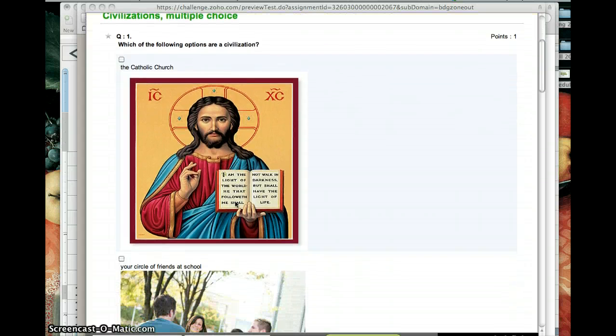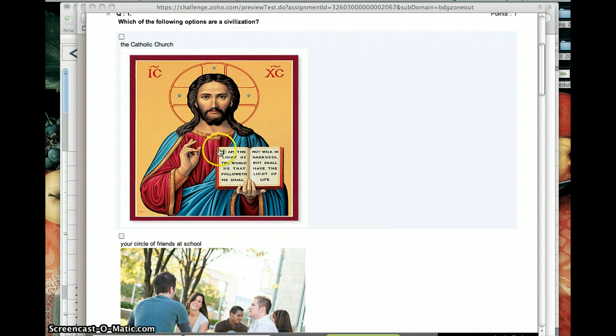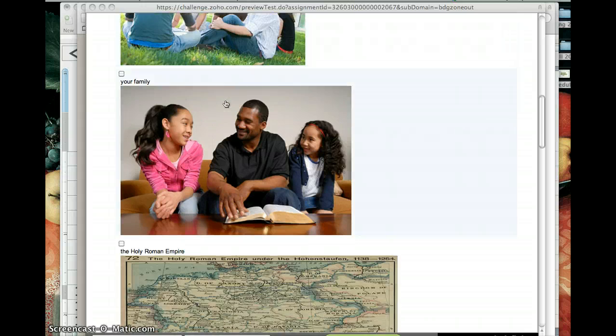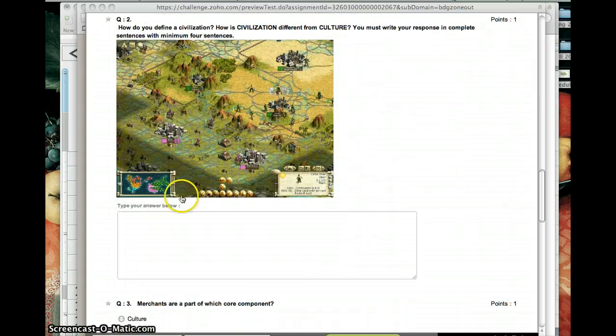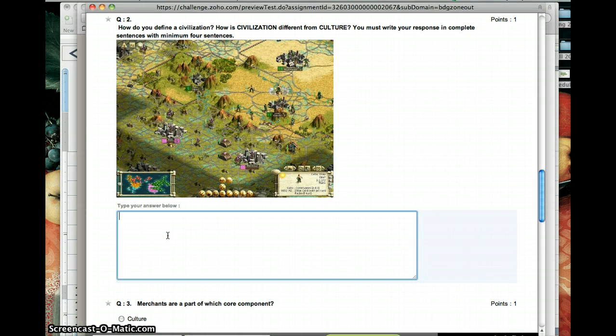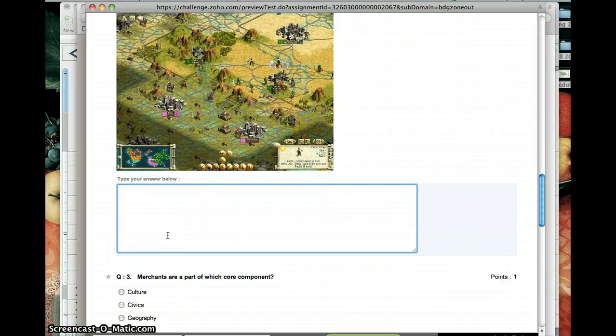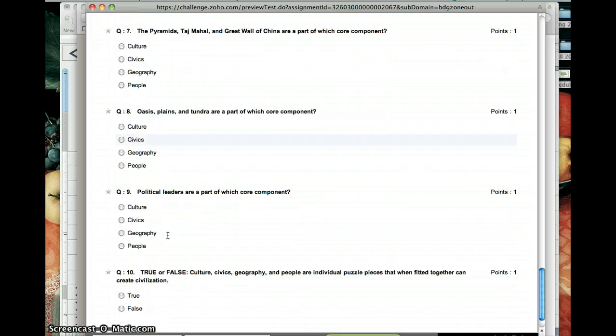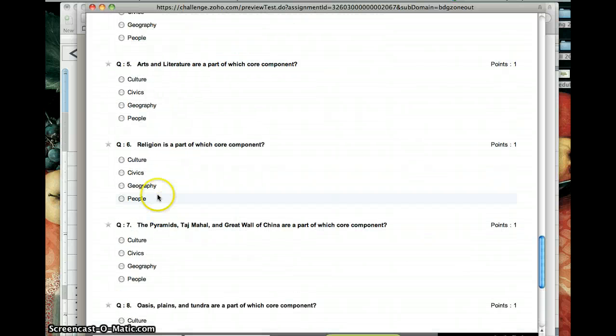It begins with a very, very broad multiple choice question on civilization, a short answer question about what the student believes is civilization and culture and how to differentiate, and then some multiple choice, and it ends with the true false. With this pre-assessment, it's the first time I'm introducing to the students the four key components to civilization, which are culture, civics, geography, and people, which will be significantly expanded on this unit.